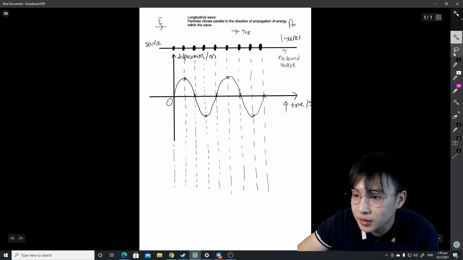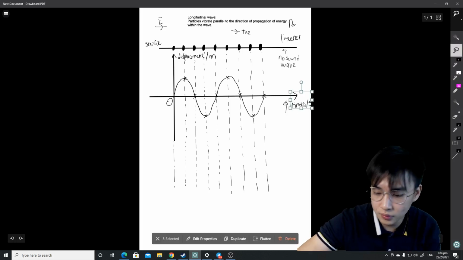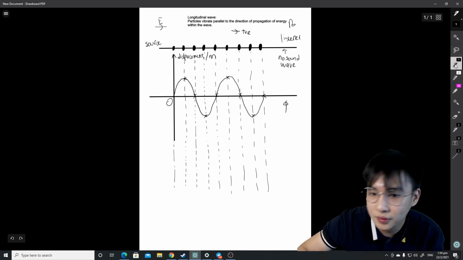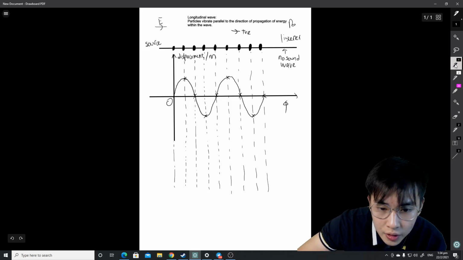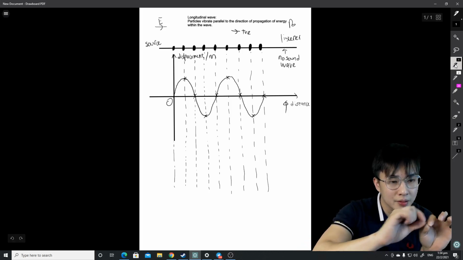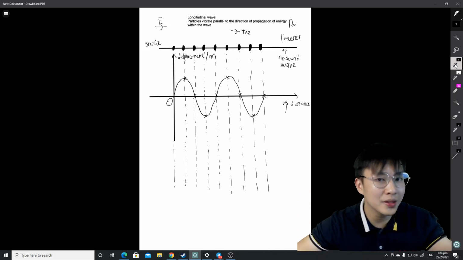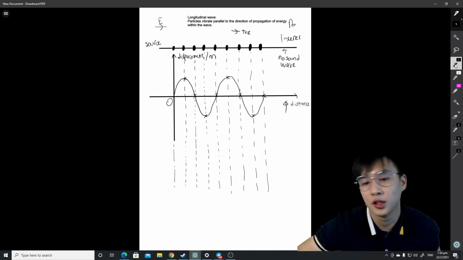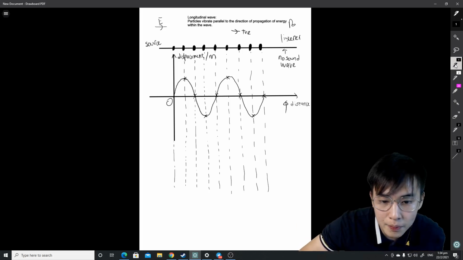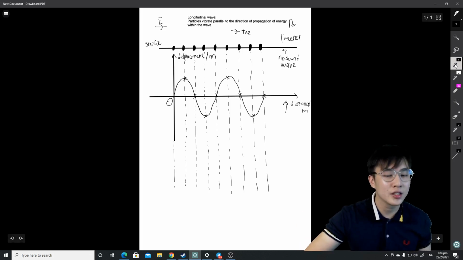Sorry, my bad. This is distance, not time. The displacement distance graph shows you the displacement of each particle relative to the distance of the wave. The displacement time graph is only tracking one particle. So my bad, change this to displacement in meters.